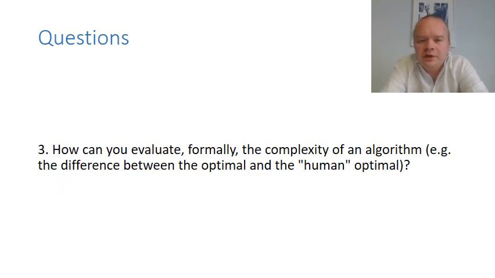Third question, how can you evaluate formally the complexity of an algorithm, for example, the difference between the optimal and the humanly optimal algorithms? Well, purely from a computational point of view, we use either time or space, and we can then calculate the complexity of an algorithm. When it comes to the humanly optimal algorithm, it's a bit different. So when we want to study which algorithms are best suited for us, we also need to study those in terms of time or some other measure. But now we cannot have just a theoretical consideration.